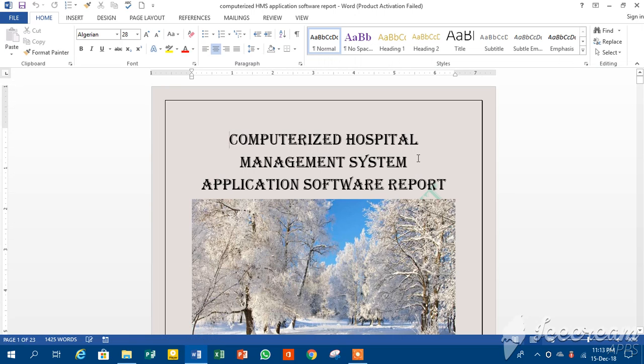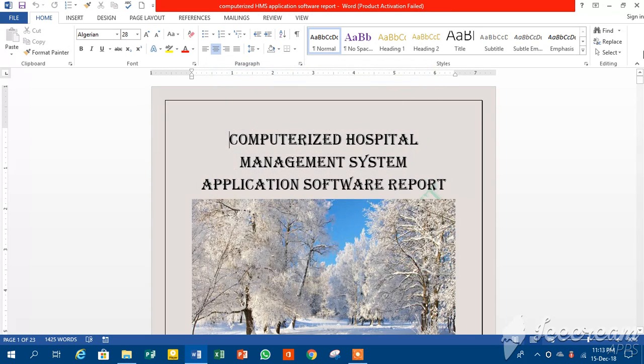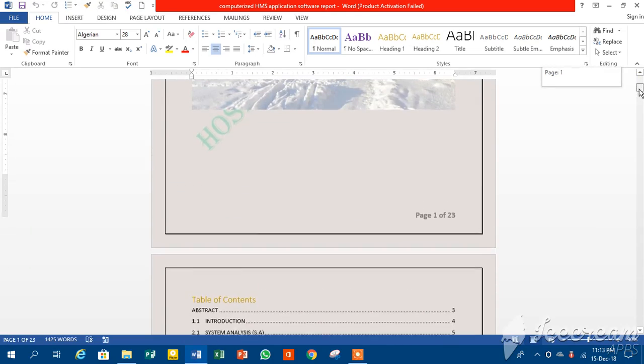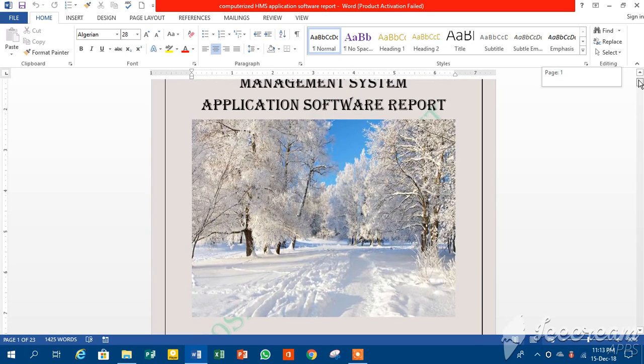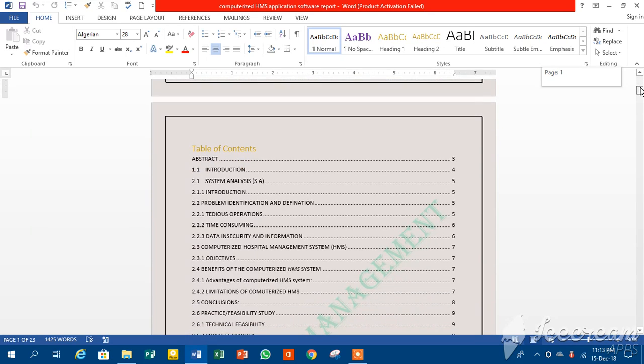The title of our report is Computerized Hospital Management System Application Report. And let's explore the report. There is the logo or the background cover.